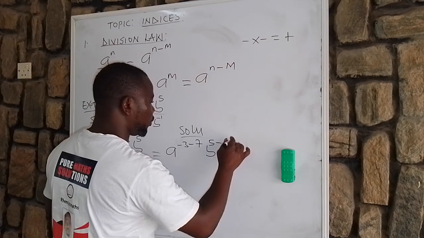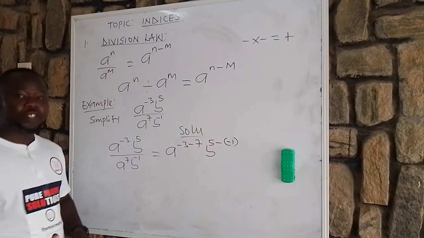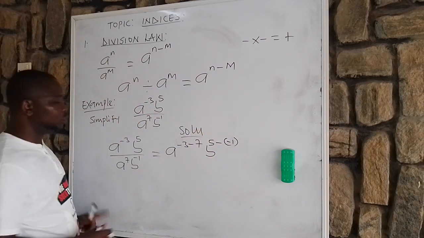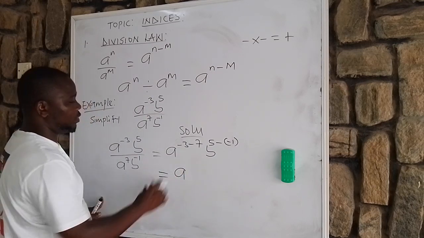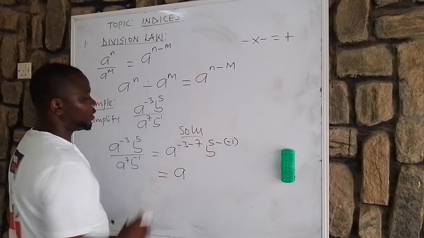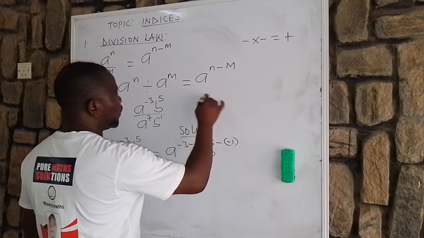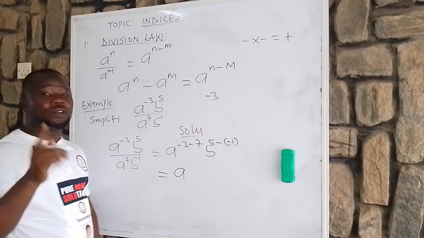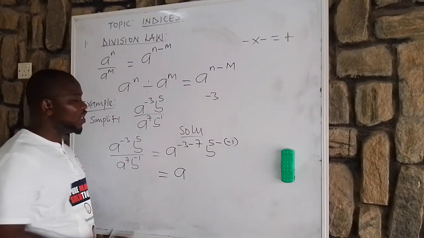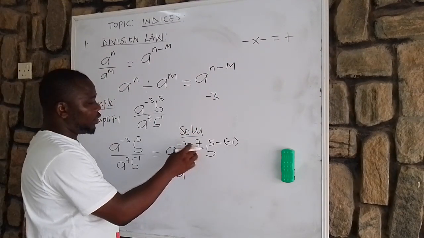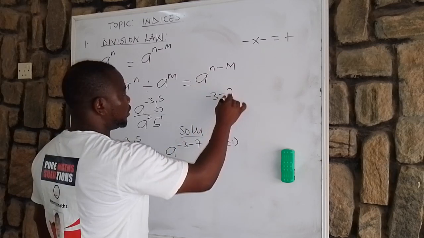Minus 1, you close the bracket. Do you agree with me? So what you need to do is this equals a raised to the power of minus 3 minus 7. I told you, if you see a negative sign in front of any value, it means you are owing 3 naira. Then look at the front of 7, there is a negative value.